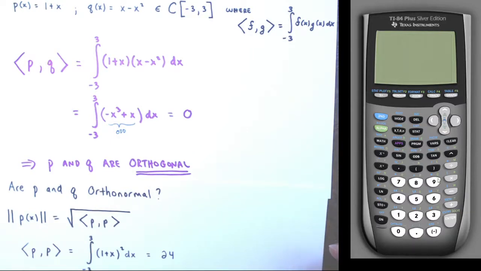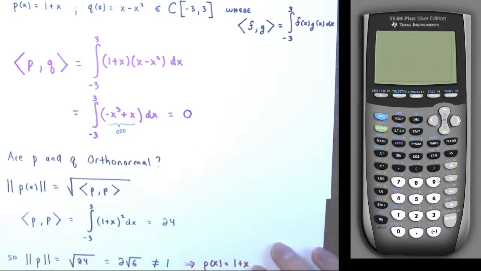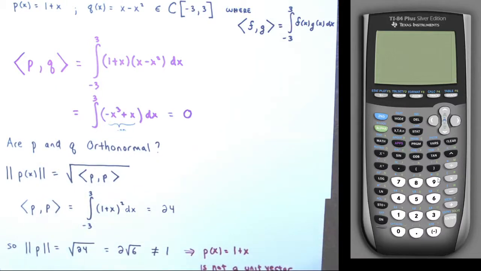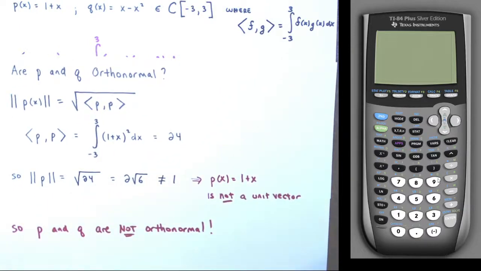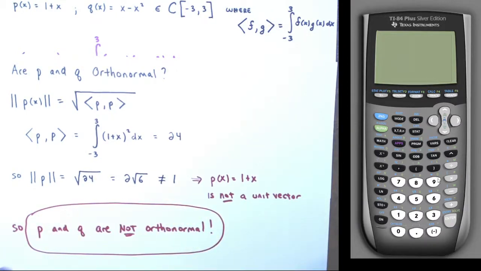Well, just like before, I'm going to normalize these vectors. So I have the norm of P, right? So I've already told you that they're not orthonormal. Okay, got that much. But what if I want to now find a pair of orthonormal vectors using P and Q?